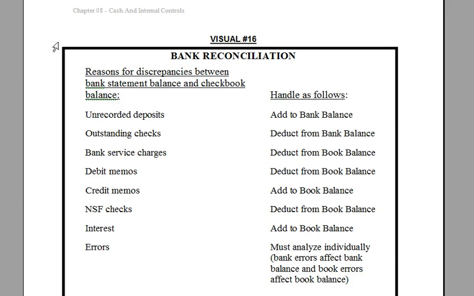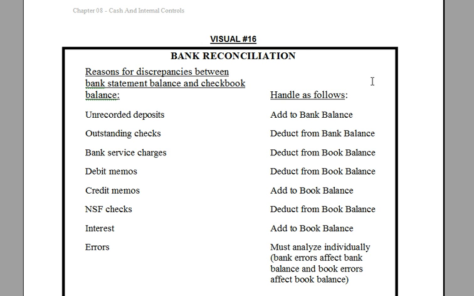Now, this visual aid will be a nice resource to assist you in identifying if you do find errors and you cannot get the bank account to reconcile to the books and records. It shows you what needs to be adjusted: unrecorded deposits, outstanding checks, bank service charges, debit and credit memos, insufficient funds checks, interest, and errors.